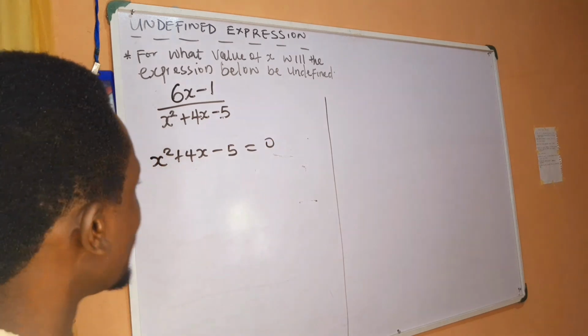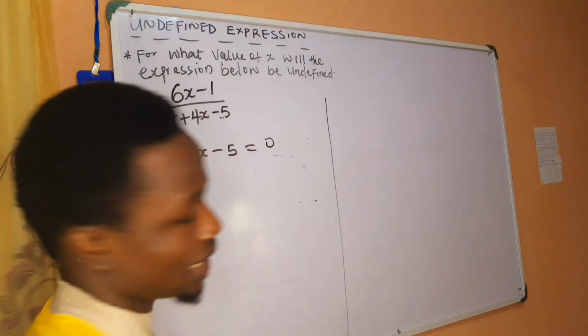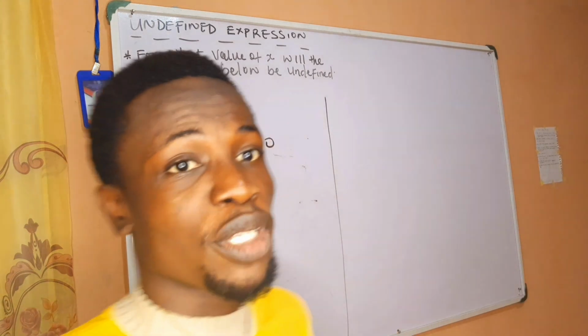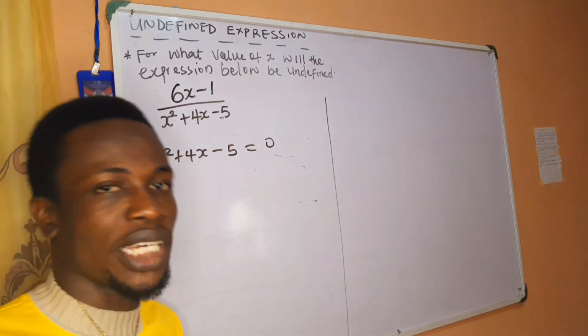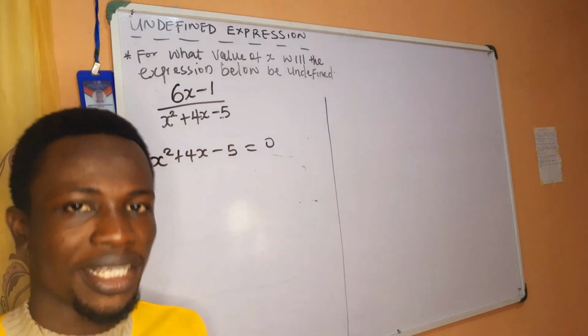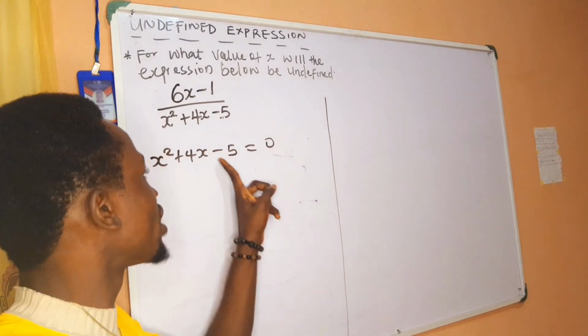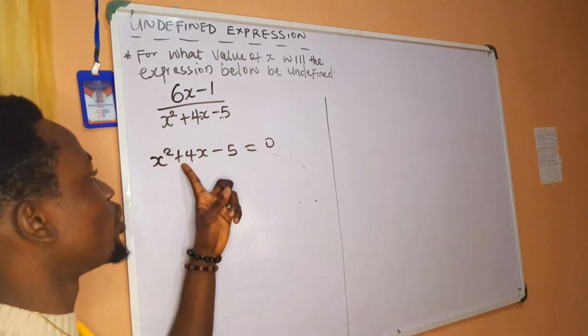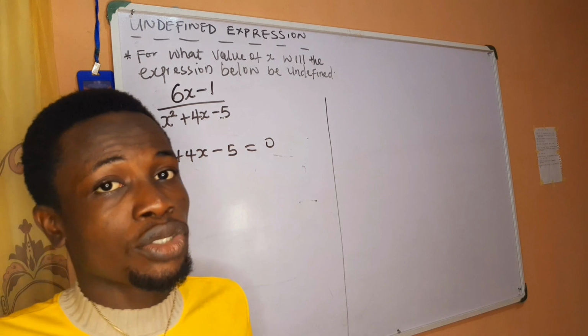So let's continue. Now we're going to solve this quadratic. I'm going to be using the factorization method to simplify this expression. How do I do that? I'm going to find two numbers. If I multiply the two numbers, it's going to give me negative 5. If I add the two numbers, it's going to give me positive 4. And what are the two numbers?